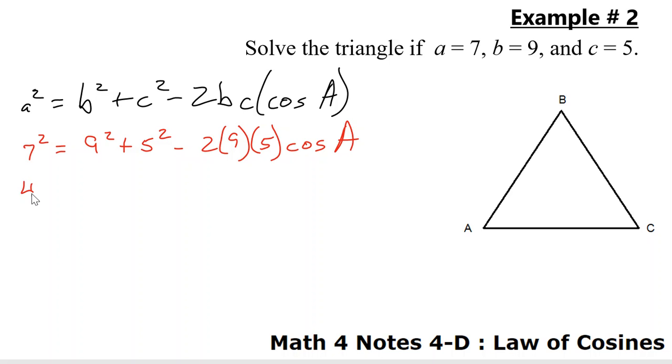Now that's going to be 49 and 81 and 25 and 90. So my first move is going to be to subtract the 81 and the 25 over to the other side, which is going to create a negative number, negative 57 to be exact.